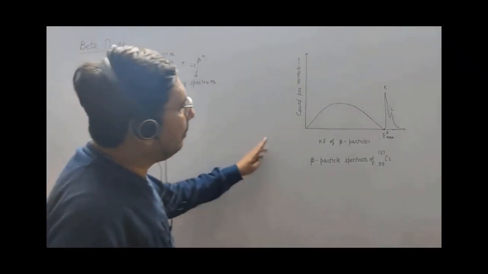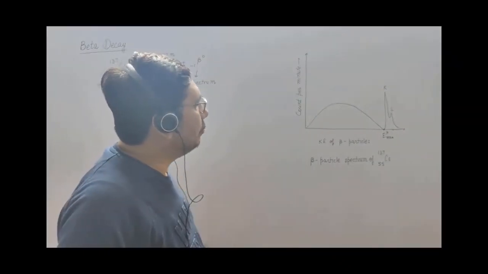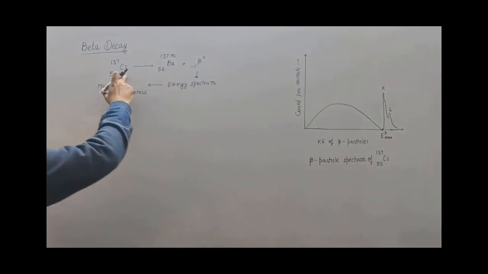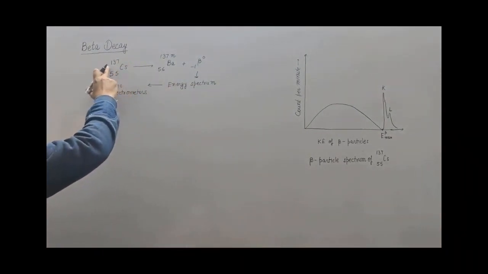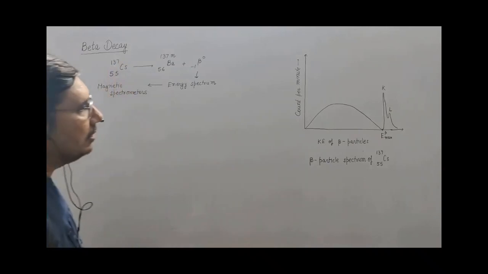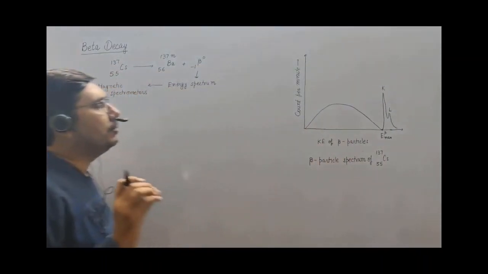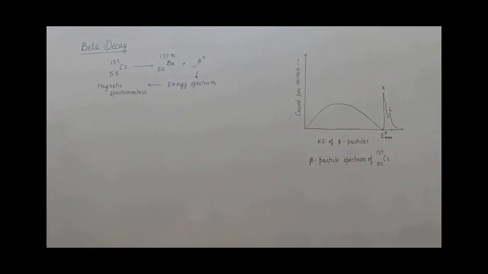This type of beta particle energy spectrum is observed when the parent nucleus is 55Cs137.